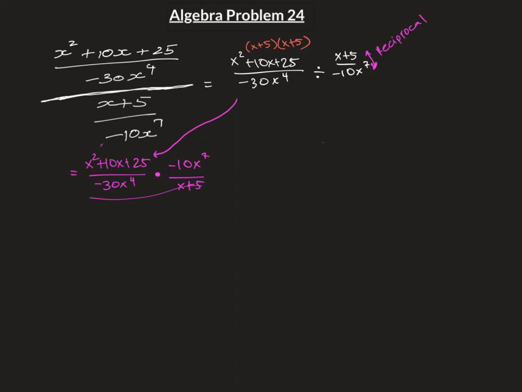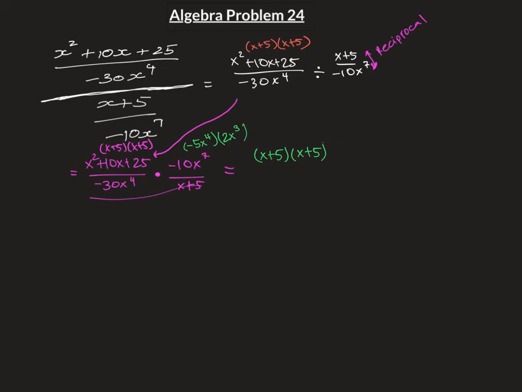Now that we have this in a multiplying form, we put this equal to x plus 5 times x plus 5. And let's just take this as minus 5x to the power of 4 times 2x to the power of 3.